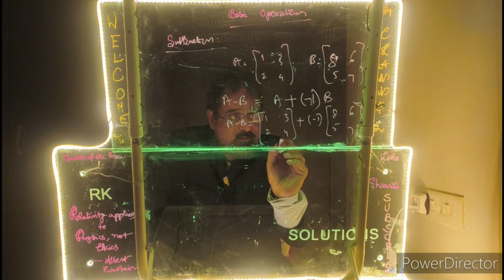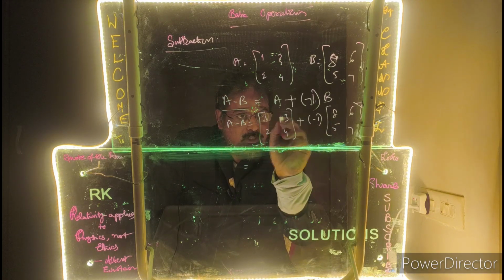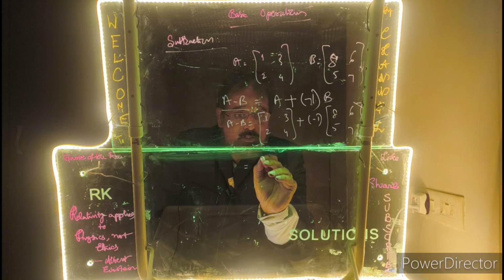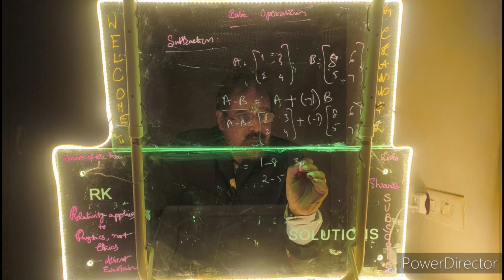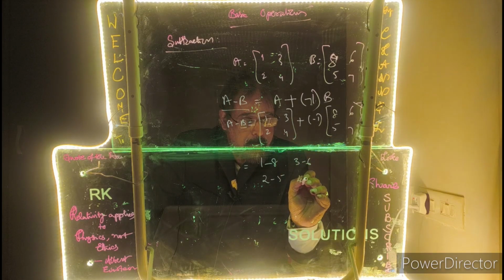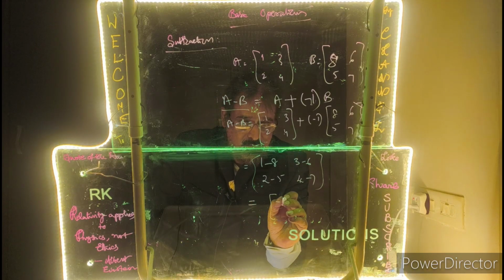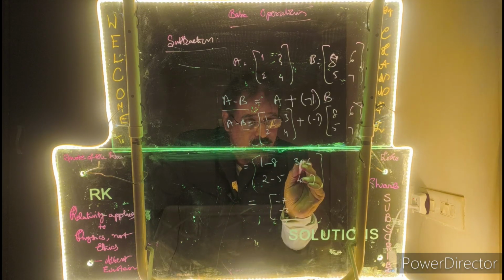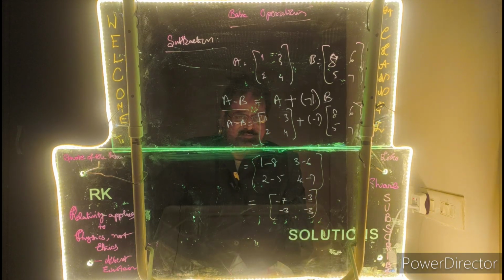It will be nothing but A minus B. So each corresponding element, we go on subtracting: 1 minus 5, 2 minus 6, 3 minus 7, 4 minus 8, is equal to minus 4 in every position. Yeah, all four are minus 4. So anyway, that's the subtraction.